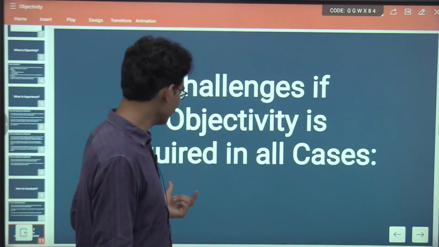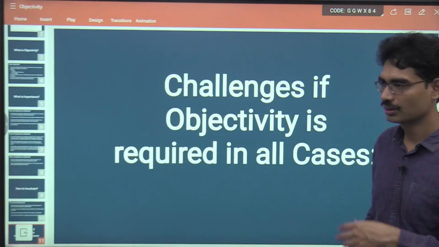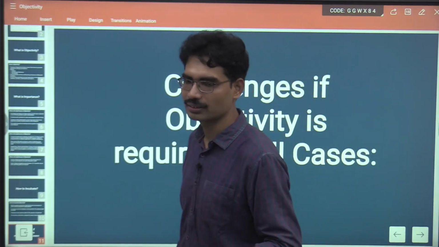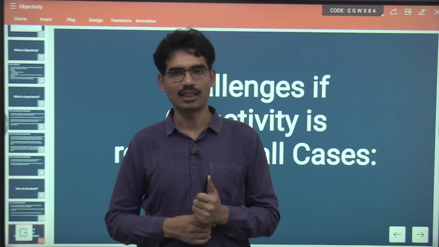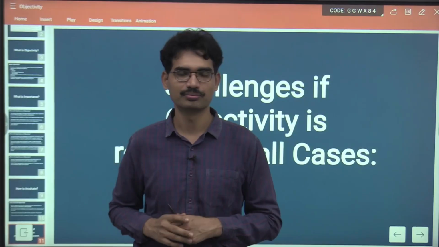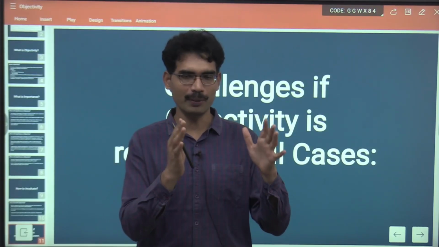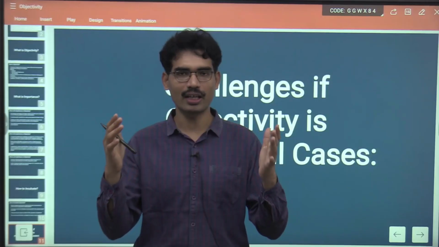Challenges if objectivity is required in the cases. Now sometimes if more objectivity is there, suppose Aadhaar card should be there, and Aadhaar card must be linked to the ration card to give you the ration. But a person is very poor. They do not have Aadhaar card also, they do not have rationing also.